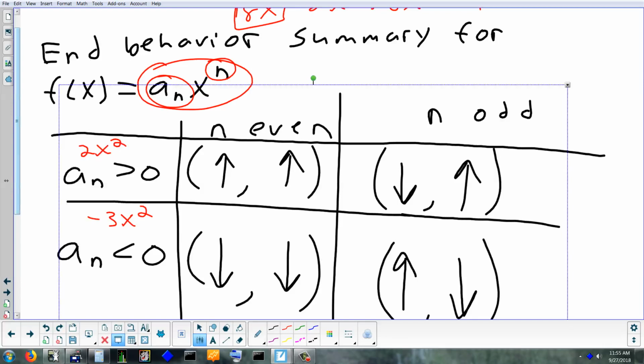If you had a positive number in front and an odd exponent, 8x cubed, it's going to look something like that: down on the left, up on the right. Throw a negative number in front of something with an odd exponent, it's going to look more like this. I'm not saying I'm getting the middle exactly right, but the end behavior is right.